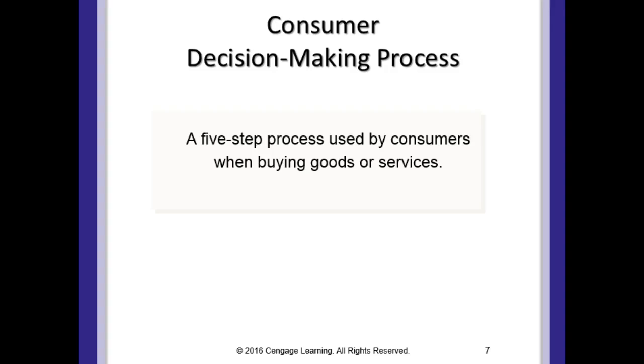This is used primarily as a guideline for studying how consumers make decisions. You don't always have to go through all the steps. You don't even have to go through them in order all the time. Sometimes you even go through this and don't decide to make the purchase.